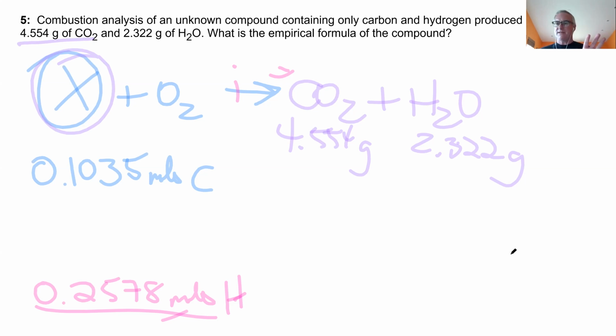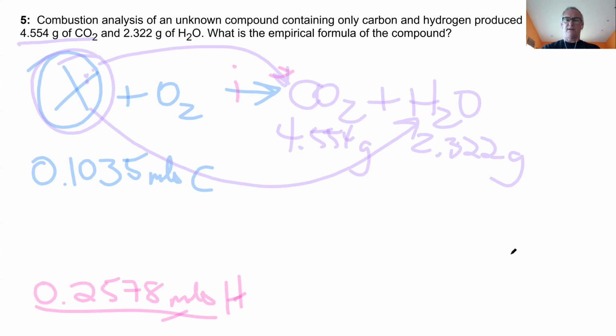All of the carbon in the CO2 came from compound X. All of the hydrogen that shows up in the water also came from compound X. So if we figure out how many moles of carbon and hydrogen are in the products, we have figured out how many moles were in the reactants, and the only place those could have come from is compound X. So to figure out the number of moles of carbon, we just figured out how many moles of CO2 that is.